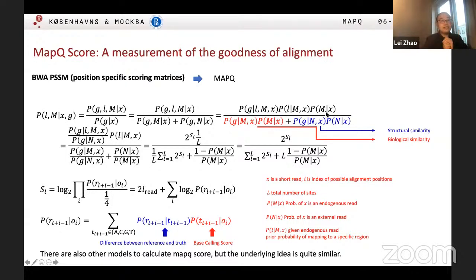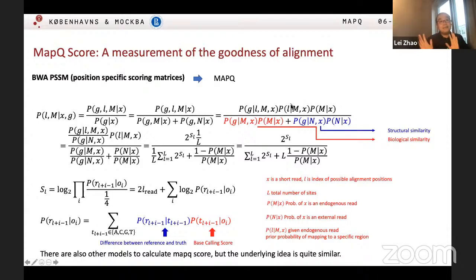If I give you a read, you just guess whether it is from human or from a virus. This is called maybe the contamination rate or something. And this assumes that you know this short read comes from human. And what's the prior probability that it comes from a specific location?